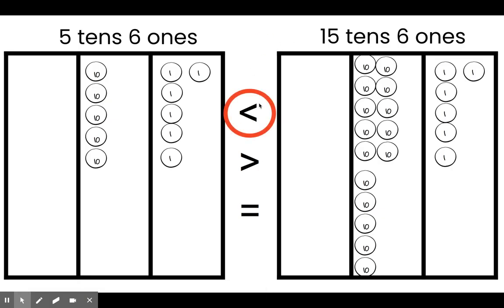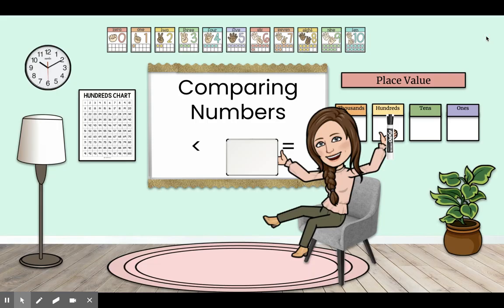If you said less than, you're correct. 5 tens is less than 15 tens, and 15 tens is greater than 5 tens. Remember, the opening on our symbol will point toward the greater number. So we would say 5 tens, 6 ones is less than 15 tens, 6 ones.